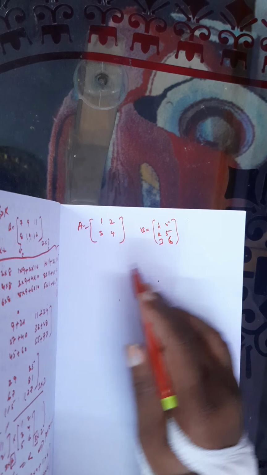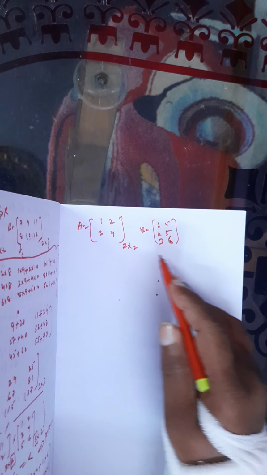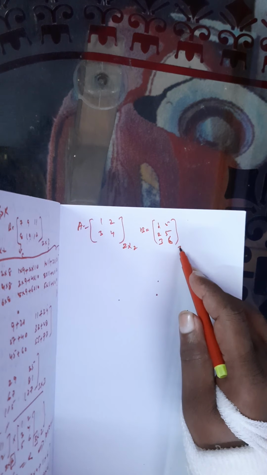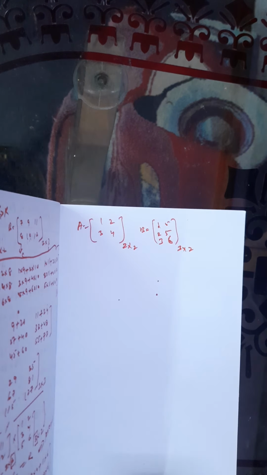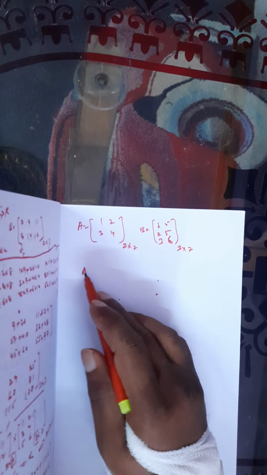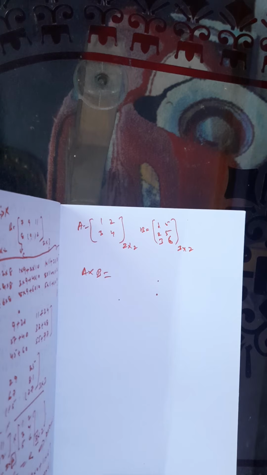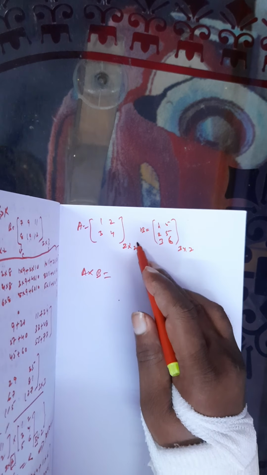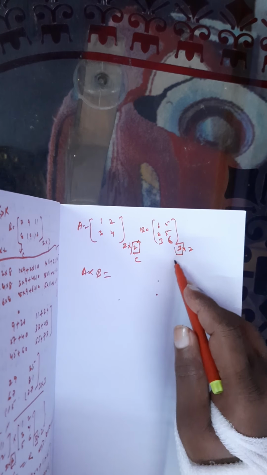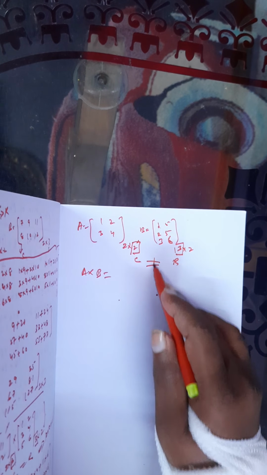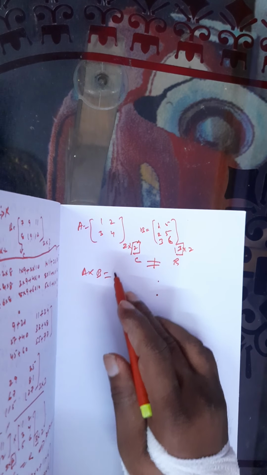Now consider this example. A has 2 rows, 2 columns. Here B has 3 rows, 2 columns. Now A into B, check whether it is possible or not. By seeing the order, we can say that this column count and this row count are not equal, so taking the product is not possible.